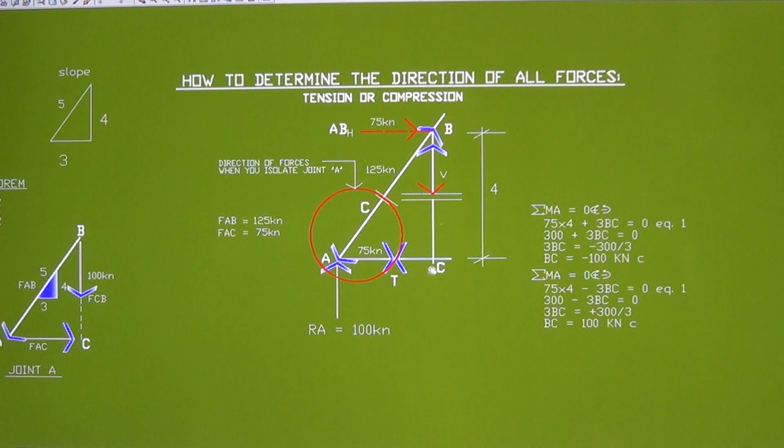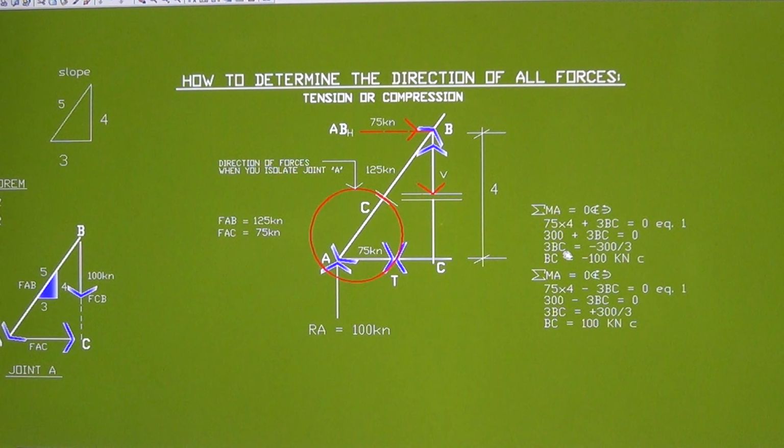The lever arm for BC is 3 meters. So 75 times 4 plus 3 BC is equal to 0. That's equation 1 of the conditions of equilibrium. Now 75 times 4 is 300, and 3 BC is equal to 0.